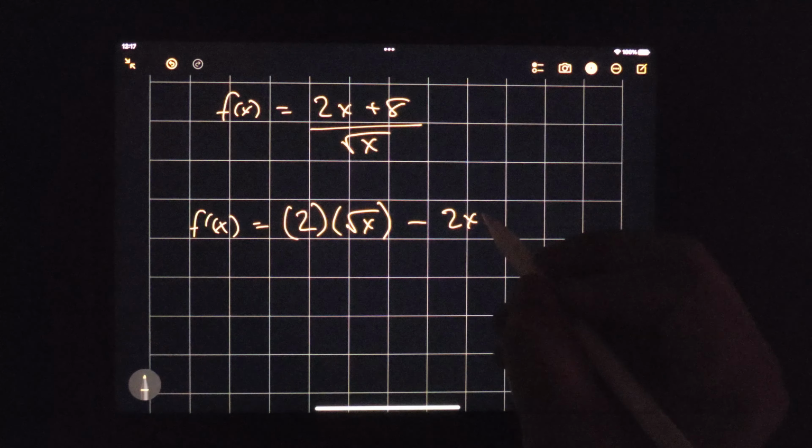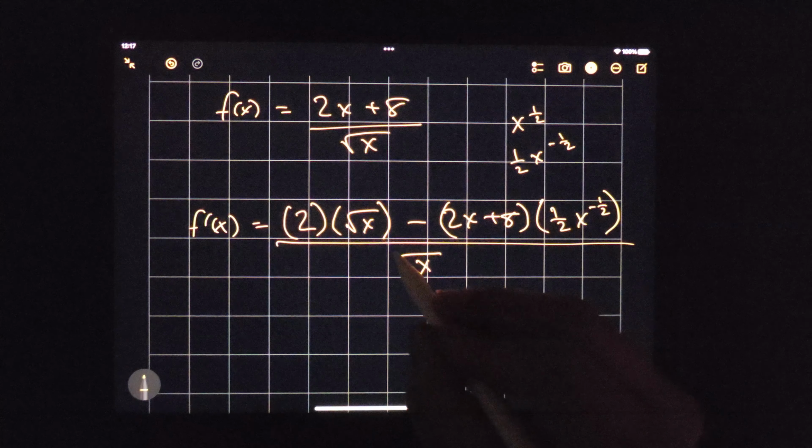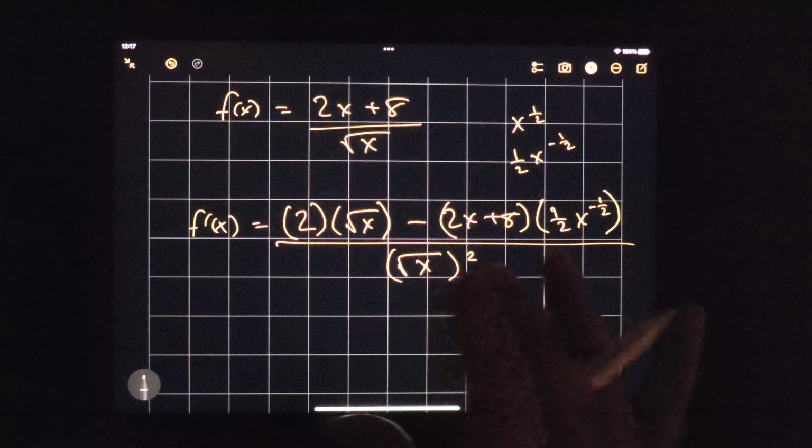And the denominator will be root x squared.